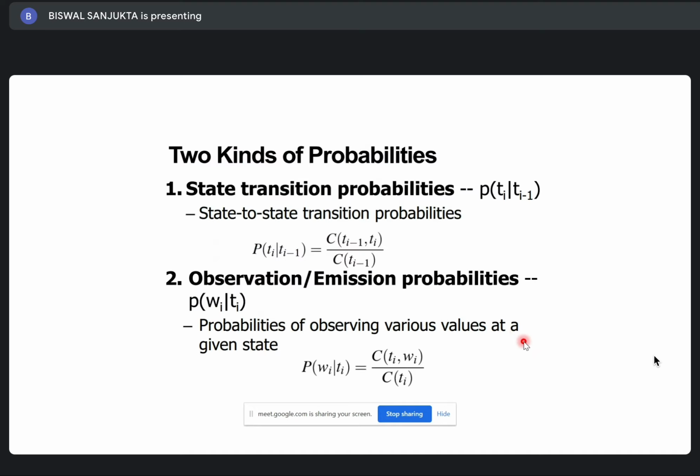As we saw, we are dealing with two kinds of probability. The first one is the state transition probability, where we transition from one state to another state. State means the hidden state, and in POS tagging the hidden state is the tag. That's why it is written as the probability of the current tag given the previous tag. How will you find it?